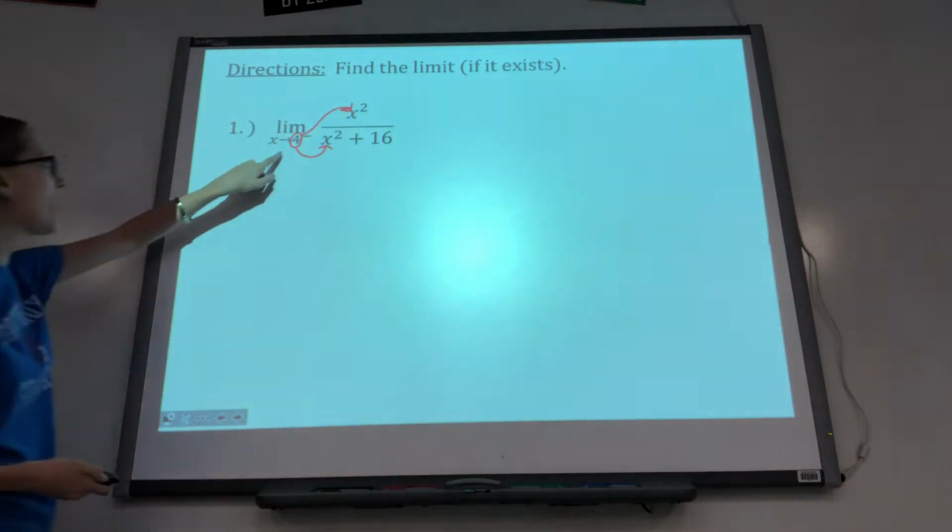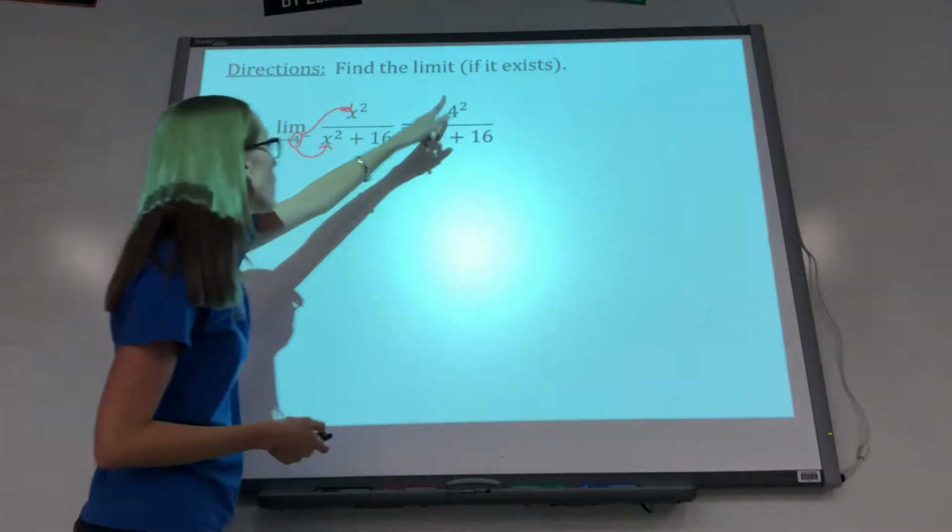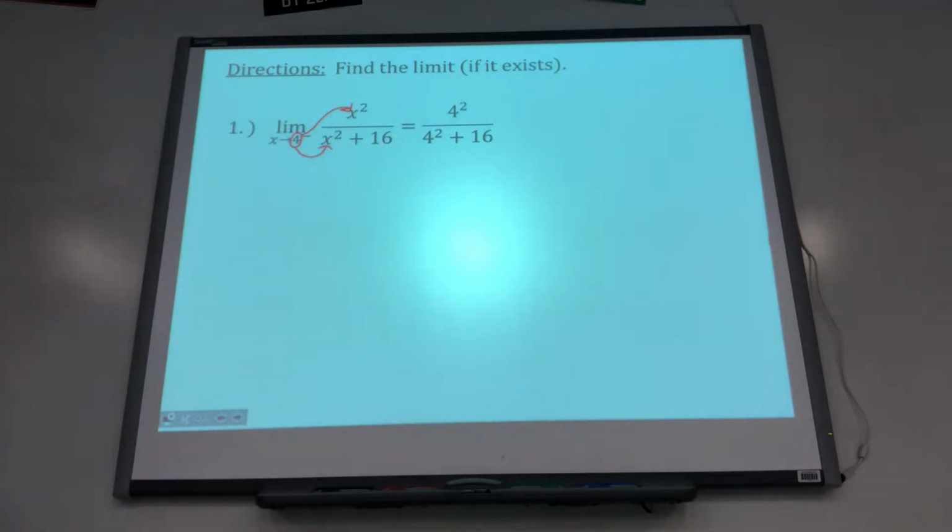So let's try that. I'm going to have 4 squared over 4 squared plus 16, and that is actually working. You get 16 over, the bottom would be 16 plus 16, which is 32. So simplify that, and there you go, 1/2.